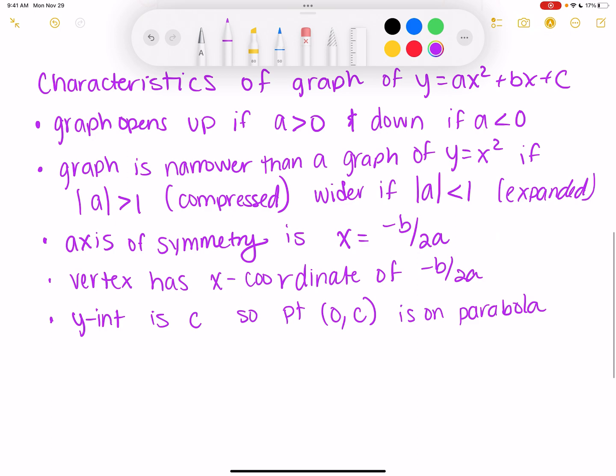Notice that's the y-intercept, not the y-coordinate of the vertex. Sometimes they may be the same, but not always.